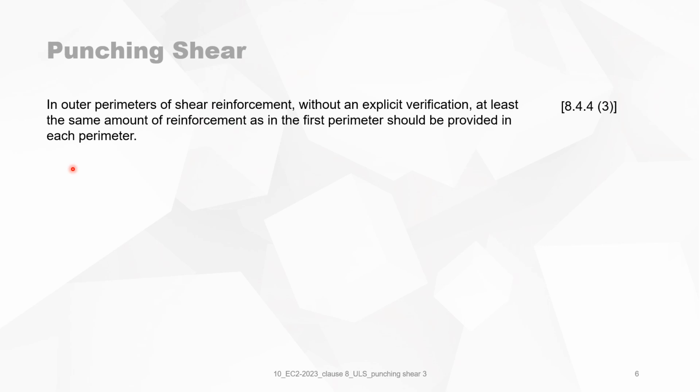There is a distance between each reinforcement perimeter, which must be smaller than 0.5 d v or 0.75 d v. You will see that in the next video.